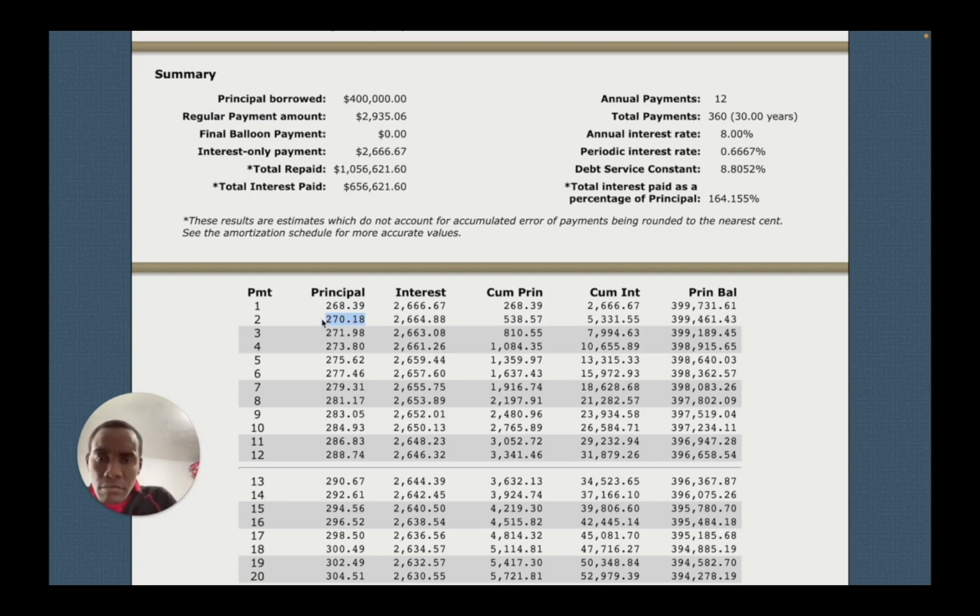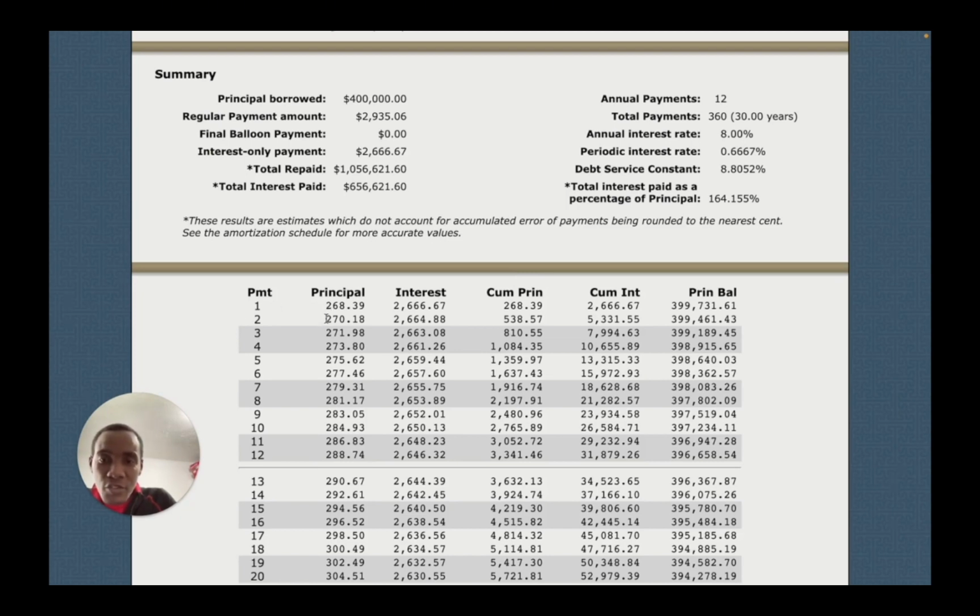So if we decide that we do not want to wait until month number 2, and we want to prepay this amount on month number 1 along with our regular payment, the question is, what will happen on this amortization schedule? Well, this is what happens.